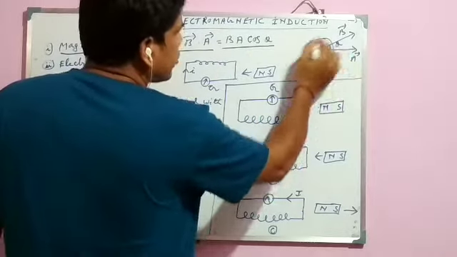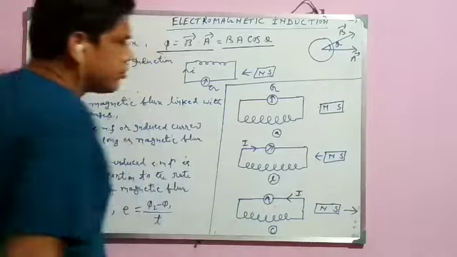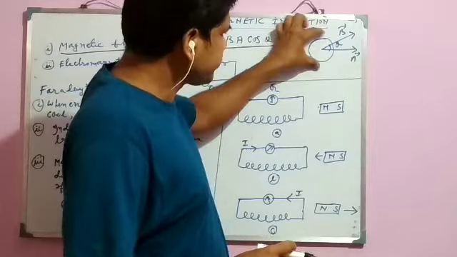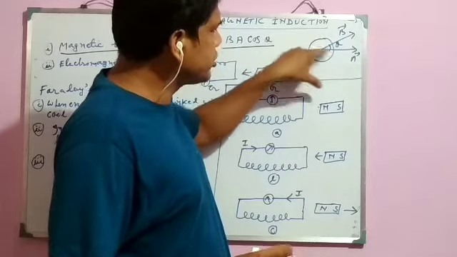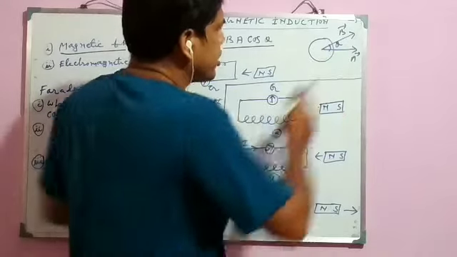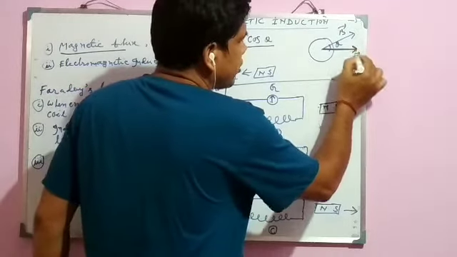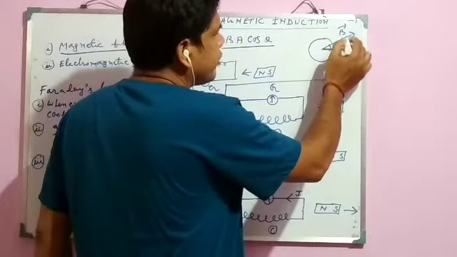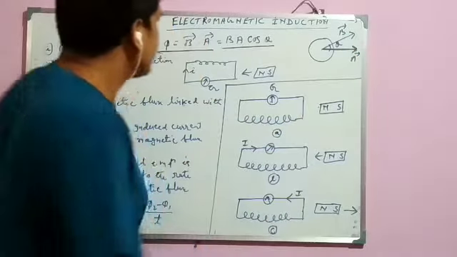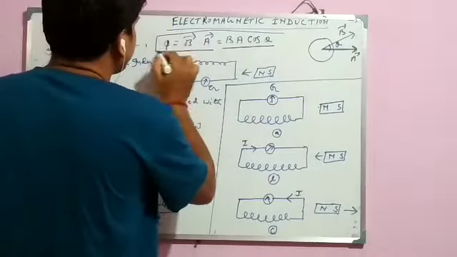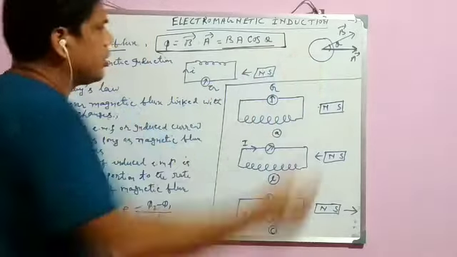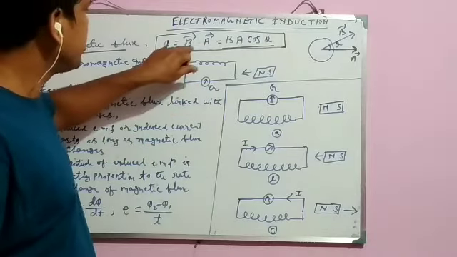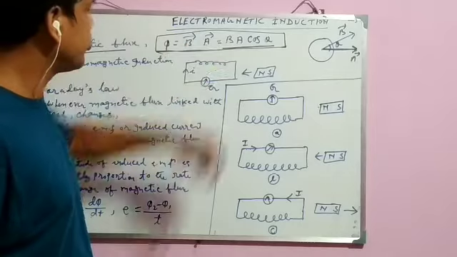The direction of the area vector is always along the normal to this area, shown by this line, and this is the direction of the magnetic field. So the angle between the magnetic field vector and the area vector is theta. This is the formula to find the flux through a surface area when it is held normally: phi equals vector B dot vector A equals BA cos theta.